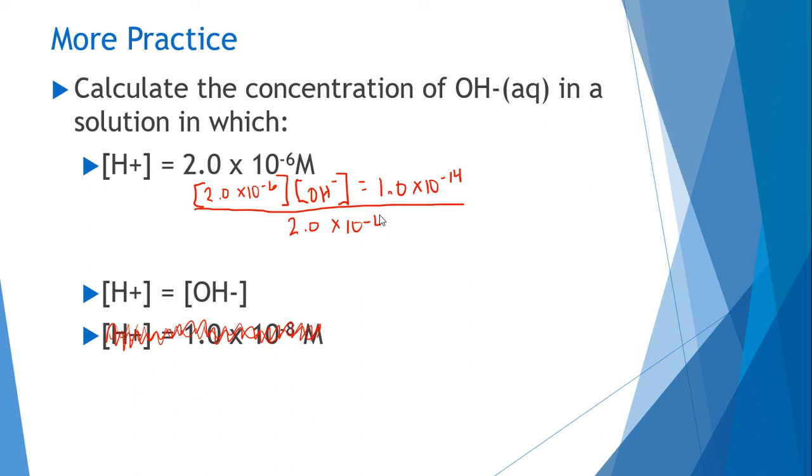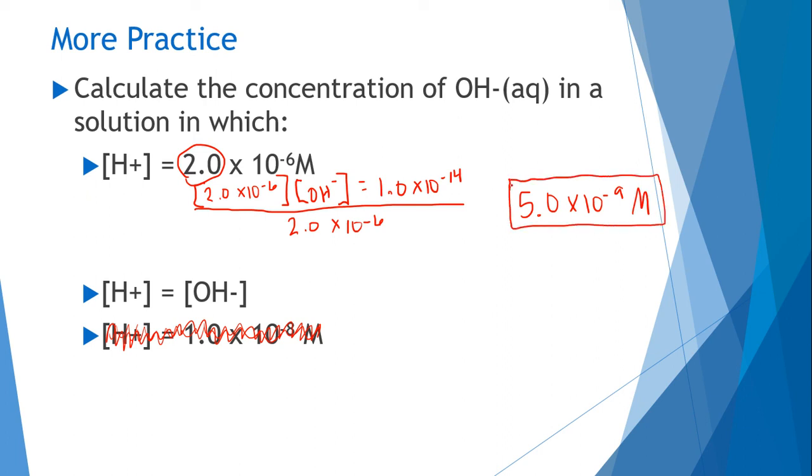I'm going to plug this into my calculator, and you should hopefully get 5, and I need 2 sig figs here, so 5.0 times 10 to the negative 9th molarity.